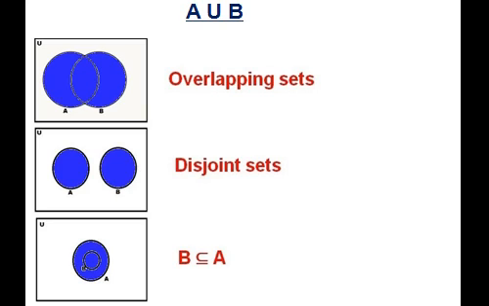So only the circles are colored, the rest of the rectangle is not colored because we are only representing A union B. In the second category, the disjoint sets, only the two circles are again colored and the rectangle is not having any color in it because we are only talking about all the elements of A and B, that means A union B. Similarly, in the third one, we have A completely colored with B inside it. So again, all the elements of A and B will be taken together. The rest of the rectangle is not having the same color. So this is A union B.